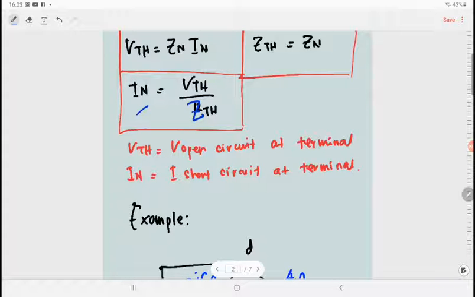And then we know that the value of ZTH is always equal to the Norton impedance, right? So this is how we relate your Thevenin theorem and Norton theorem. And as we know, V Thevenin is actually V open circuit at the terminals, and I Norton is actually I short circuit at the terminal.